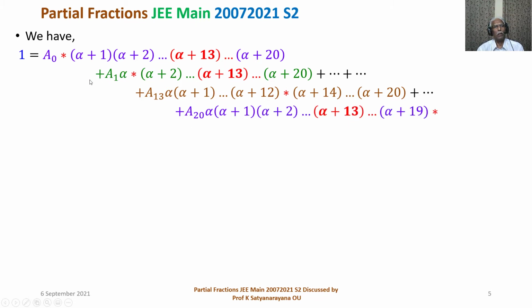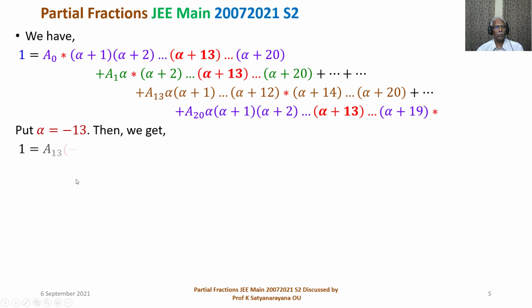That means in all the terms alpha plus 13 is present except in the 13th, that is when k is equal to 13. Now put alpha is equal to minus 13 in the above. If alpha is equal to minus 13, alpha plus 13 will be 0. Then all of the terms become 0, and only this term will give the value.